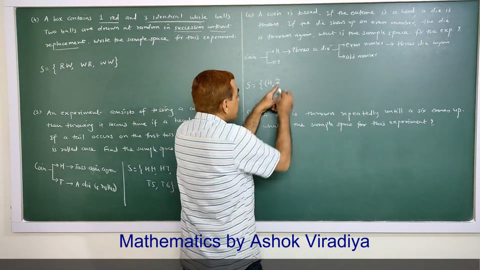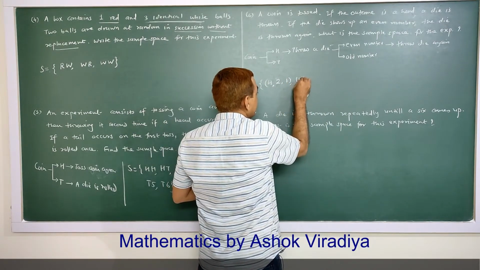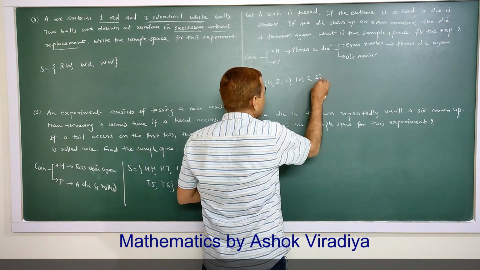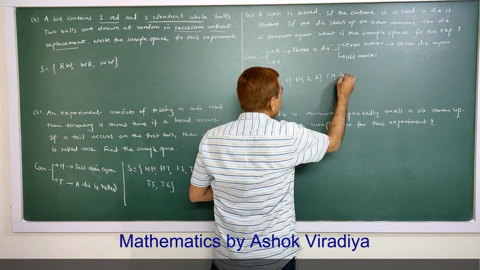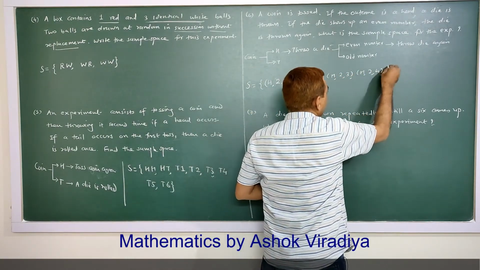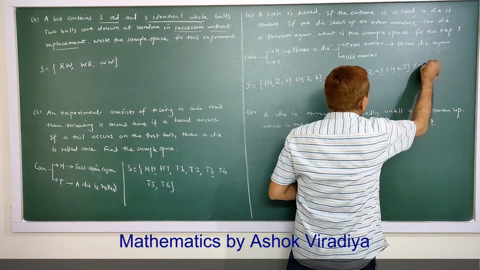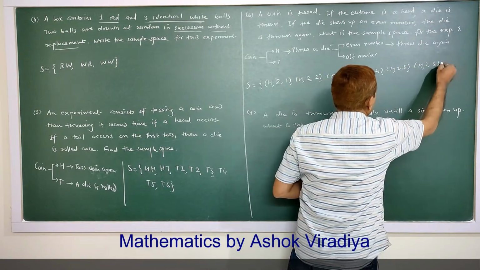So if 2 appears and then throwing a die, we can get 1, we can get 2, we can get 3, 4, 5, 6.